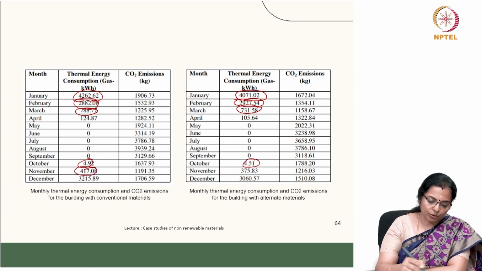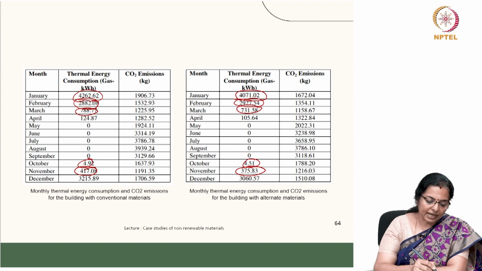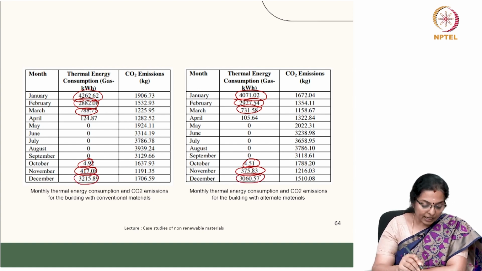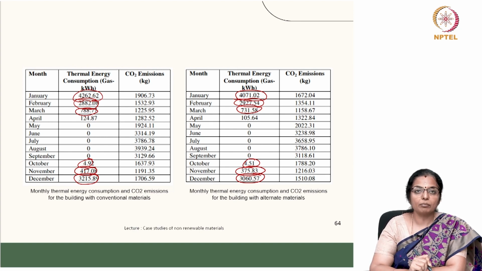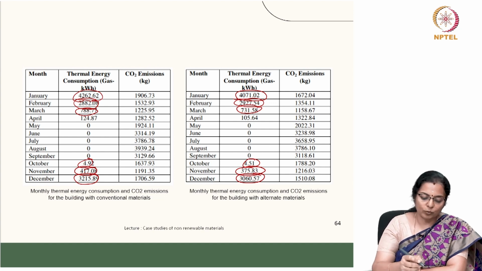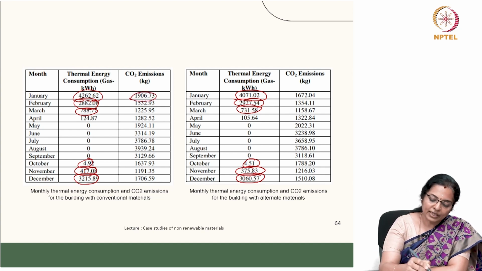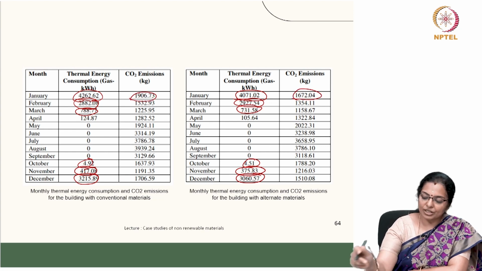This goes to show that thermal energy consumption in a building built with conventional material is higher than that built with alternate materials, and by how much is proved here. It's the same with carbon dioxide emissions also.